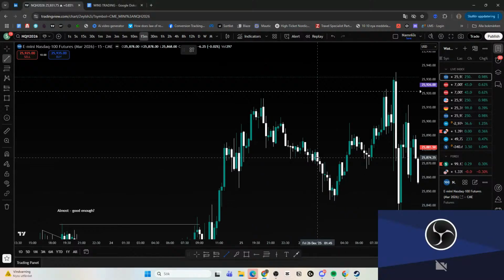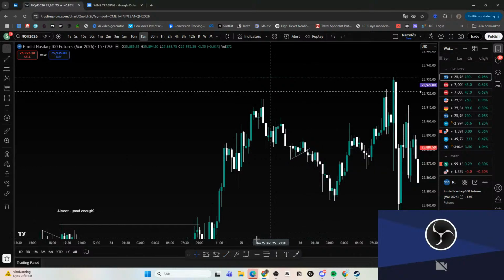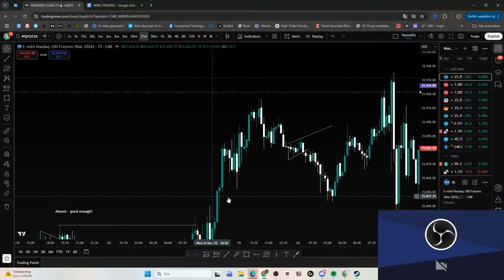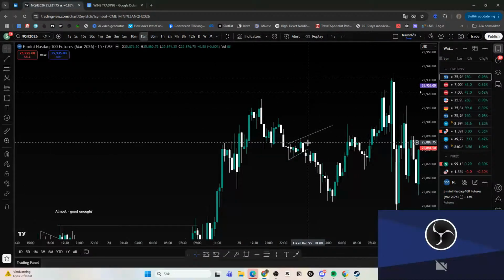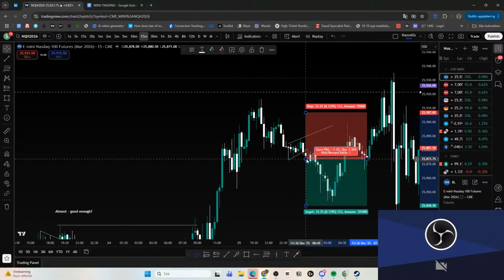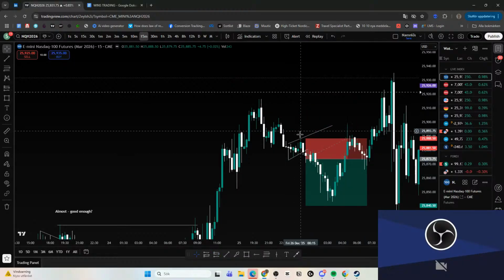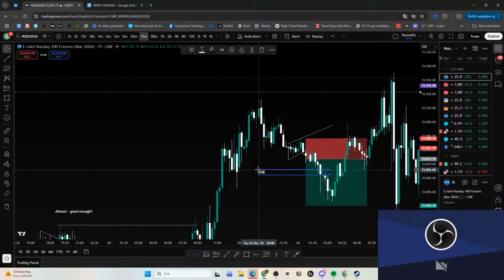Here. It's a flag. Break below. We didn't get it. We're offside. Miss.